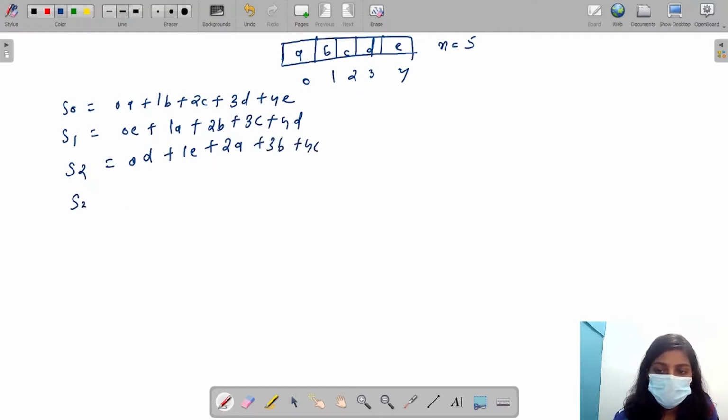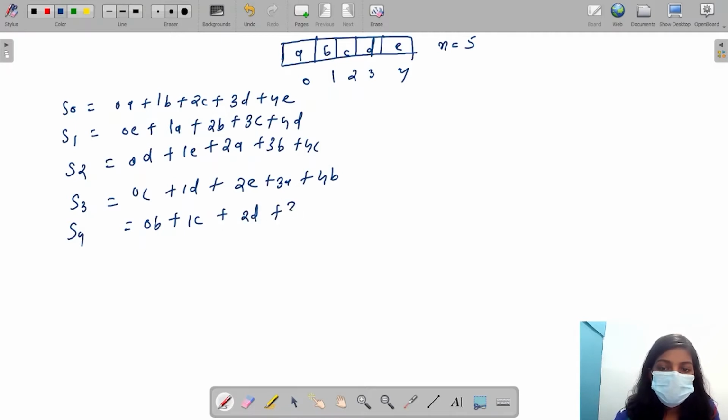For S3 it will be equal to 0C 1D 2E 3A plus 4B, right? Now for S4 it will be equal to 0B 1C 2D 3E plus 4A. And again in the fifth rotation it becomes again equal to 0A plus 1B plus 2C plus 3D plus 4E, right?